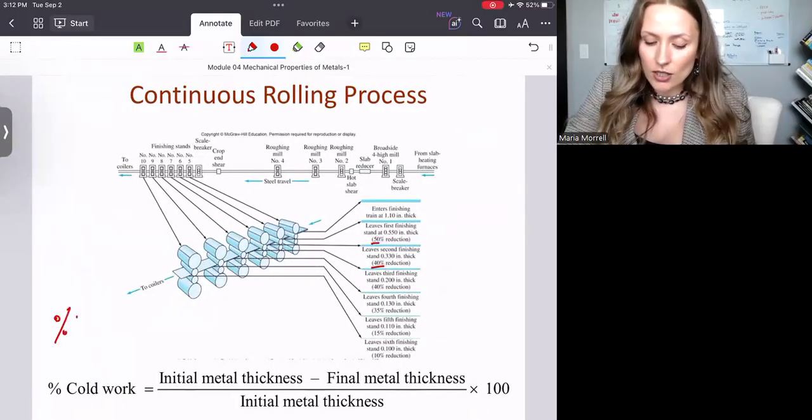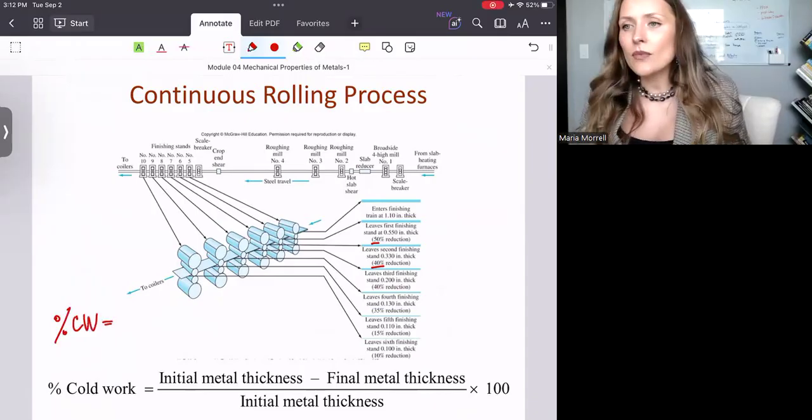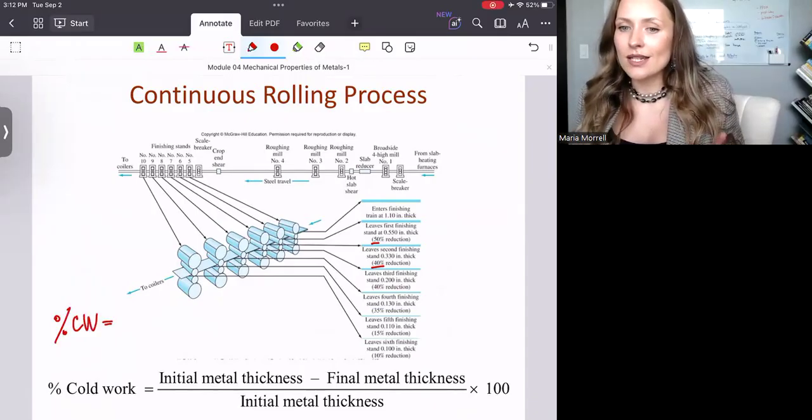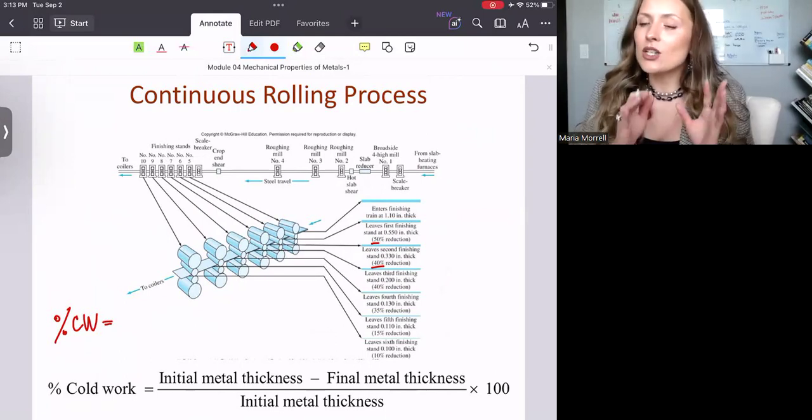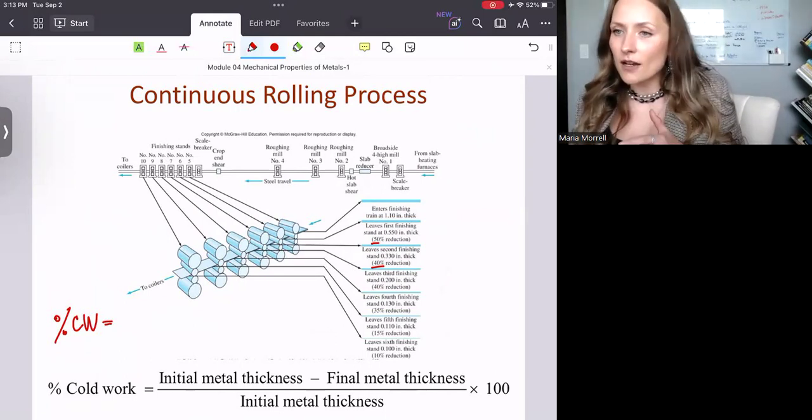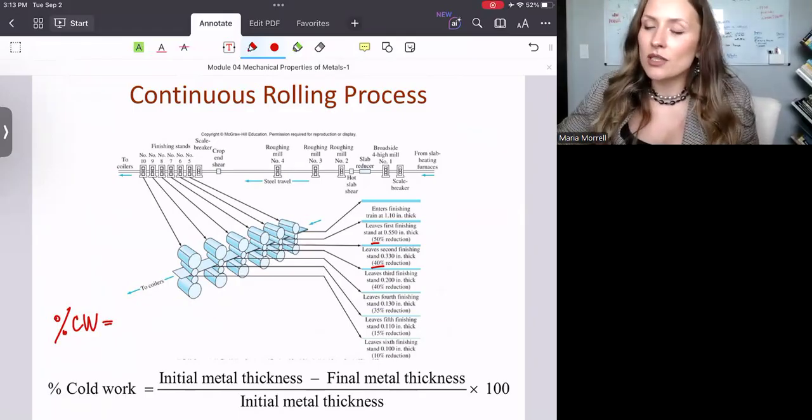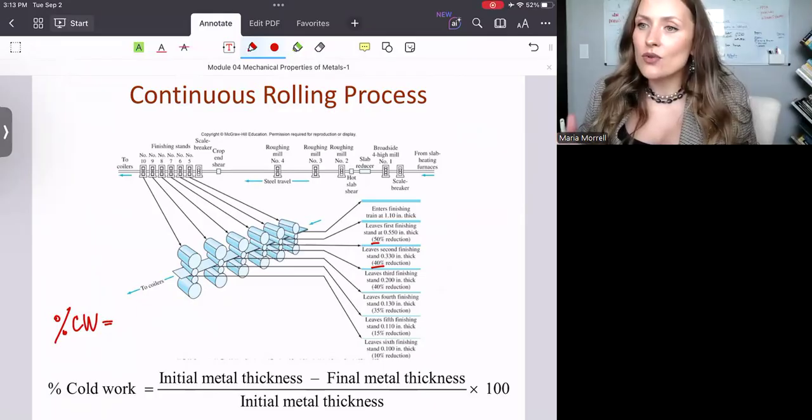And so for the equation here, I'm going to shorten cold work to CW. The equation is going to be initial metal thickness minus final metal thickness divided by the initial metal thickness, and we will multiply by 100 to get to the desired units, which is percent.